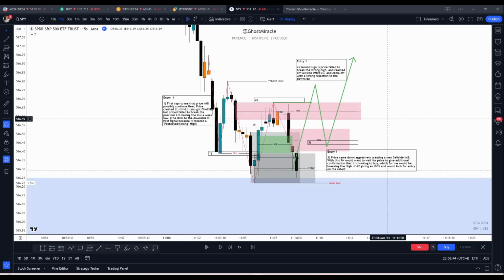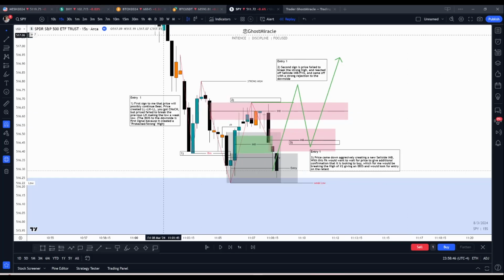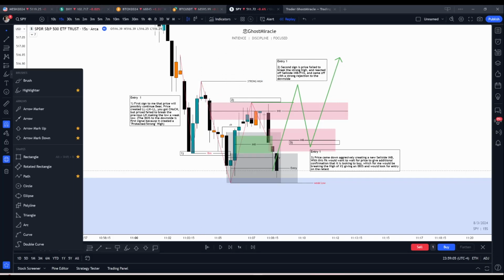Just in this area. What I was saying was price created a lower low, a lower high, and then it broke this low, making this internal breaker structure, which makes this a protected high or a strong high, if you will.